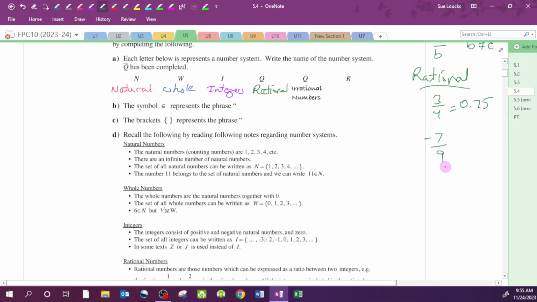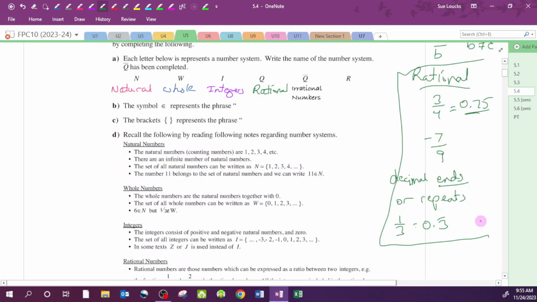But when it looks like a decimal, the decimal ends like that one there, or it repeats. For example, 1 over 3 is a rational number because that's a fraction of integers, and that equals 0.3 repeating. Okay, so those are all rational numbers. And the symbol for that is Q.